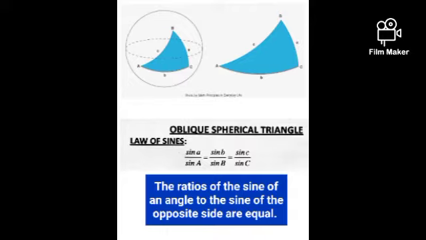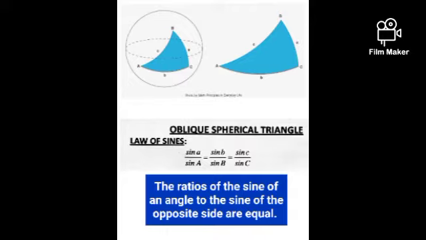The law of sines for solving oblique spherical triangles states that the ratios of the sine of an angle to the sine of the opposite side are equal. And this law is given in the following equation.